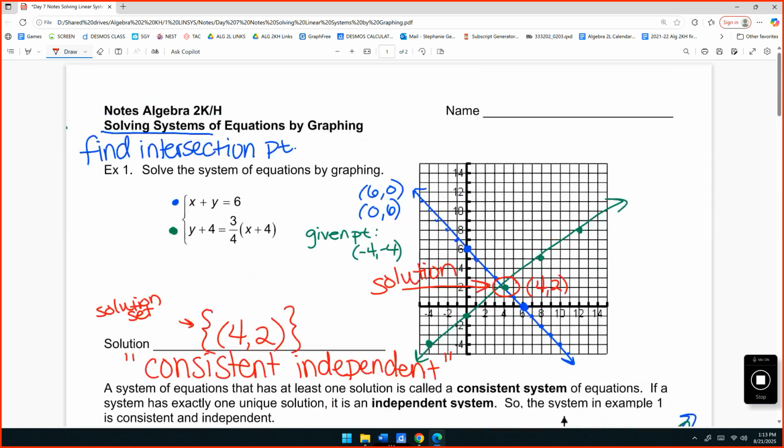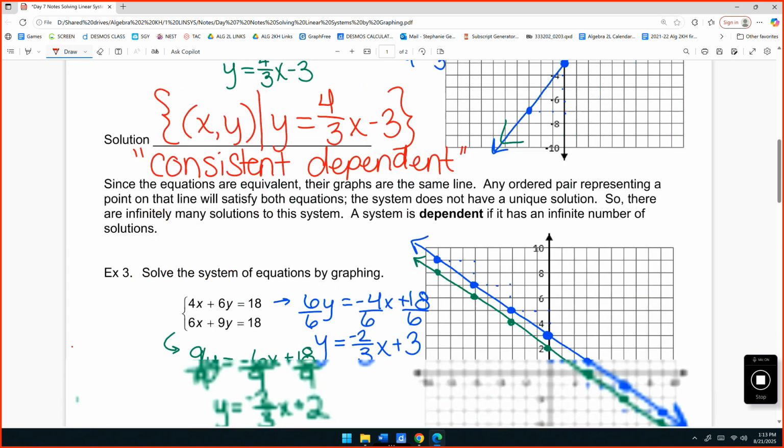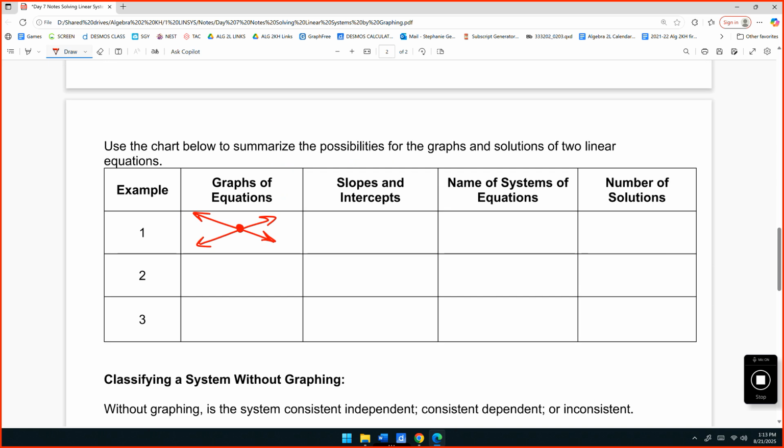So for lines to intersect one time, their slopes have to be different, right? As long as their slopes are different, at some point they will run into each other, okay? I don't want to say that their y-intercepts have to be different because it might be that they intersect at a y-intercept, right? But every single time, the slopes have to be different for them to intersect.